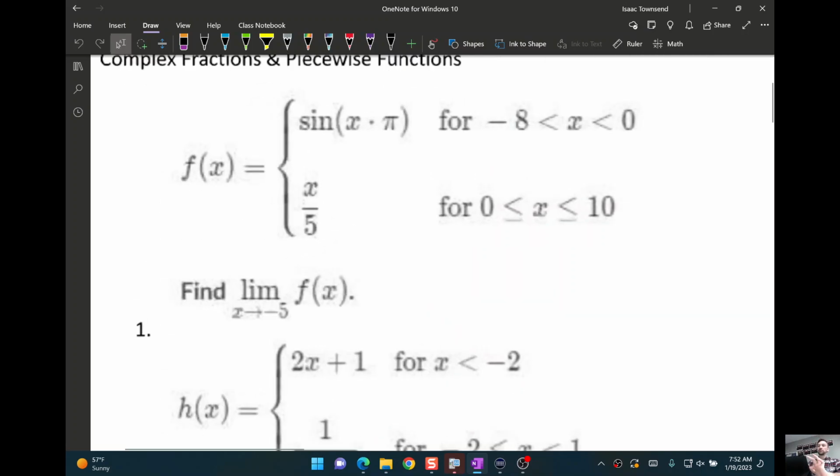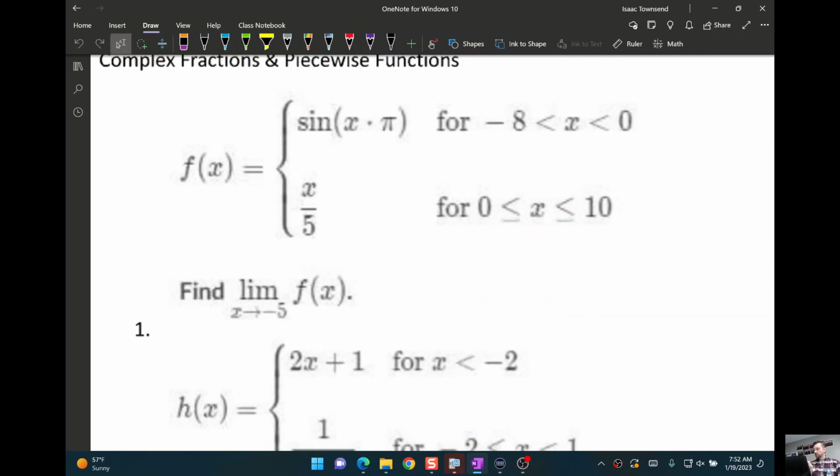Let's look at question number 1. This one wants to know as x approaches -5. So, which one should I plug into for -5 from the left?